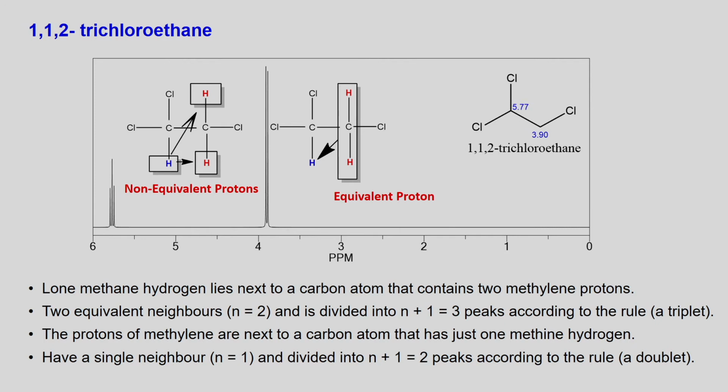Now, look at this structure carefully. The two types of protons I was referring to: these two hydrogen atoms that I have marked are equivalent in nature. They behave equally, while the one which is here is not similar to the one colored in red.